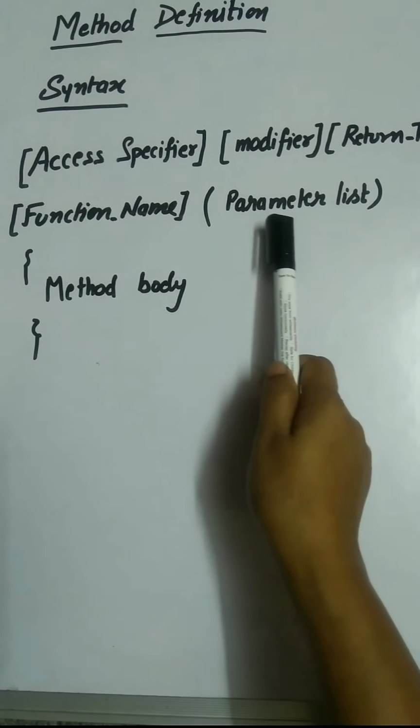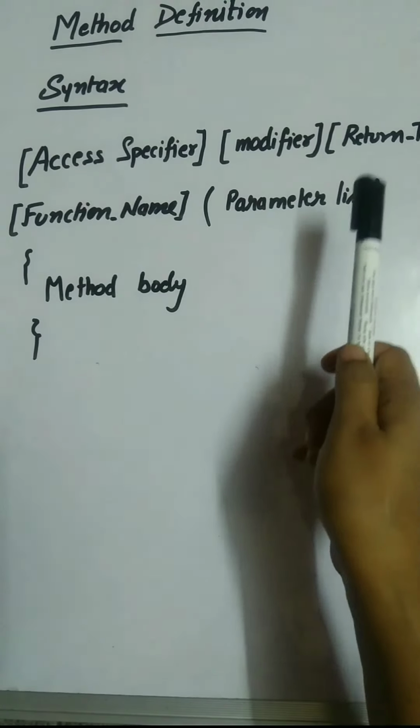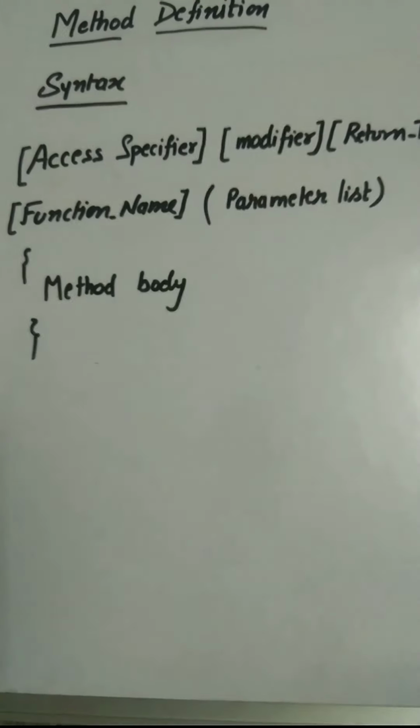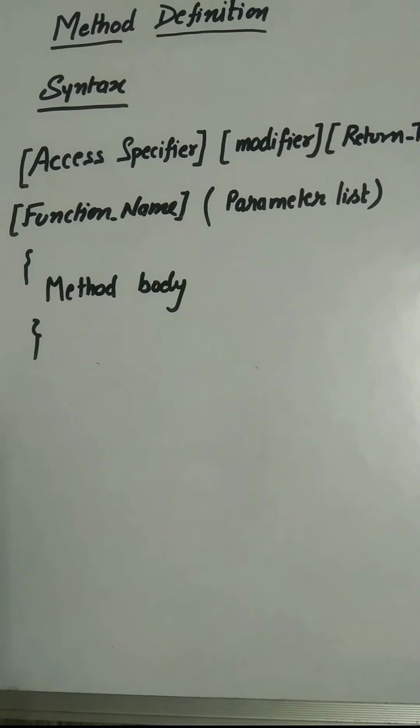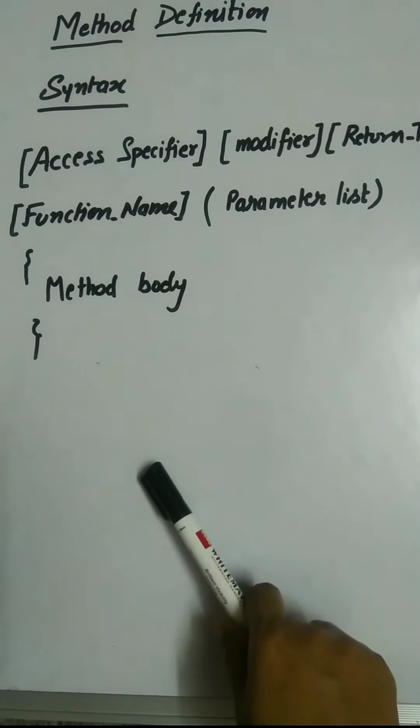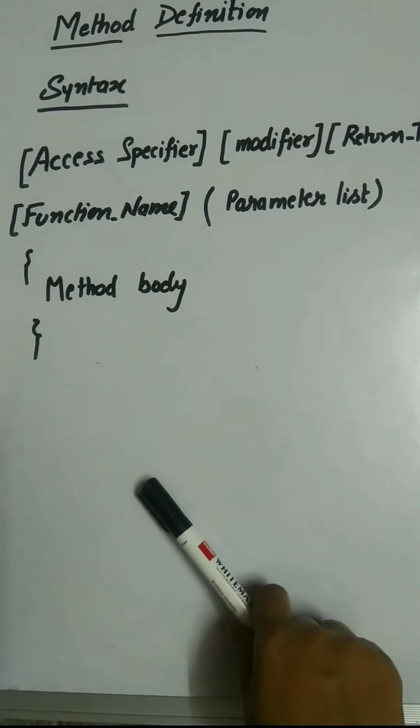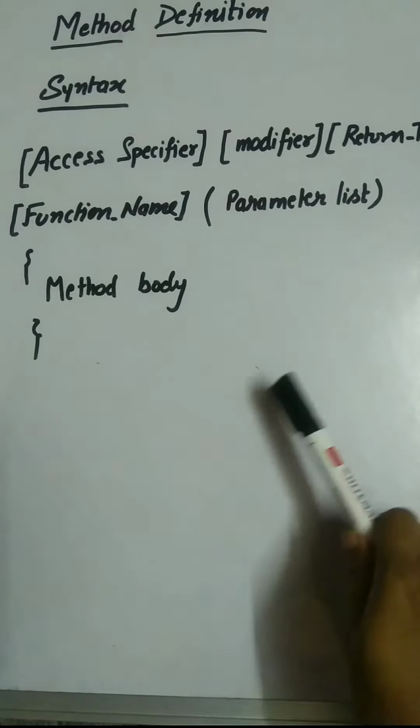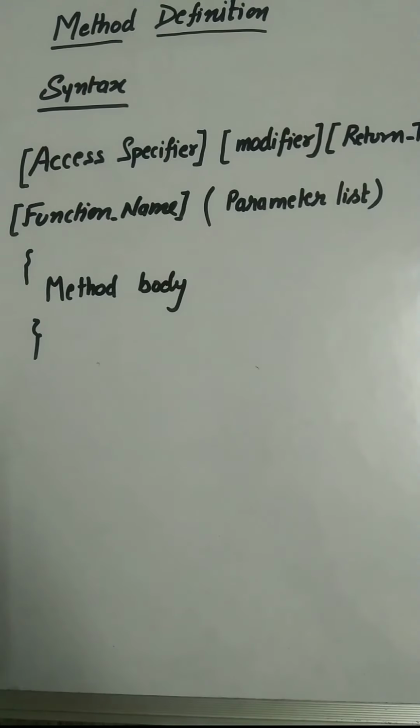Clear? Suppose int a, int b, float a, like that. Next is the method body. It's a collection of statements we want to execute as a single unit. So this is the syntax of the method. Clear?